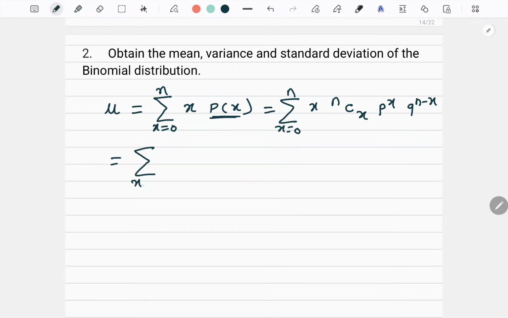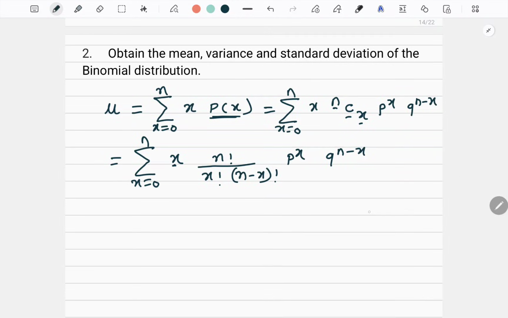Now the next step: summation x is equal to 0 to n, x. Now what is the nCr formula? n factorial upon x factorial, n minus x factorial, p to the power x and q to the power n minus x. Now you remember, I have this x and I want to get rid of this x. Also I know that a factorial can be opened.